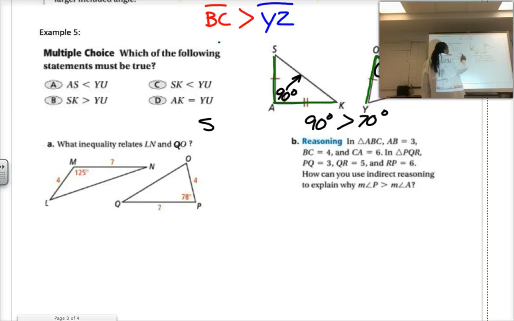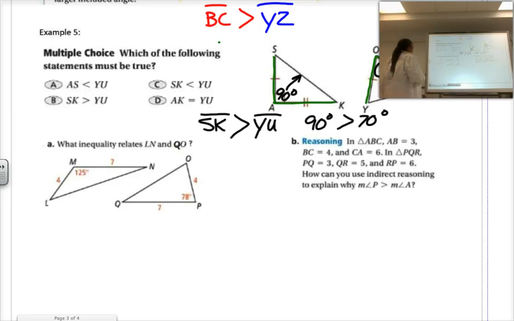So SK, we know, is going to be greater than YU, which is opposite the other angle. So now I go over here and I look for my answer. It's not this one. So SK here is greater than YU. Be very careful. You notice that this choice says SK is less than YU. You have to make sure that you understand your symbols of inequality.